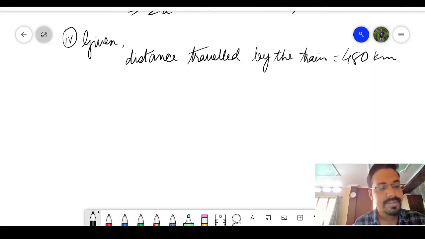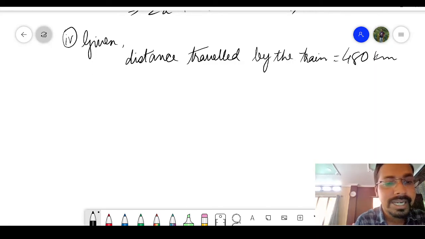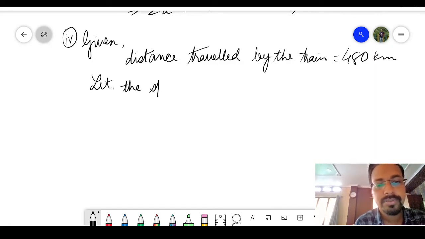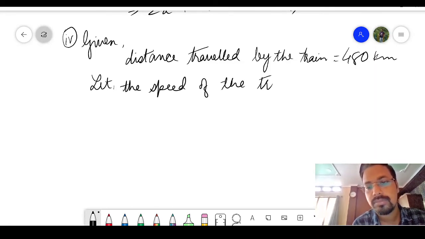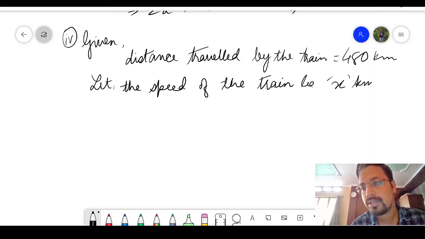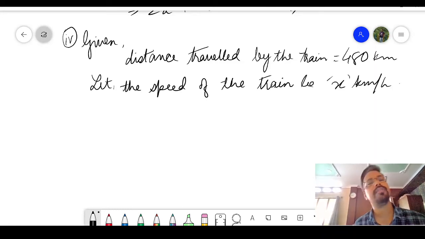At the end of the question they have asked, we need to find the speed. So for finding the speed, we need to assume that let the speed of the train be x kilometer per hour. Okay, we have assumed the speed of the train to be x kilometer per hour.